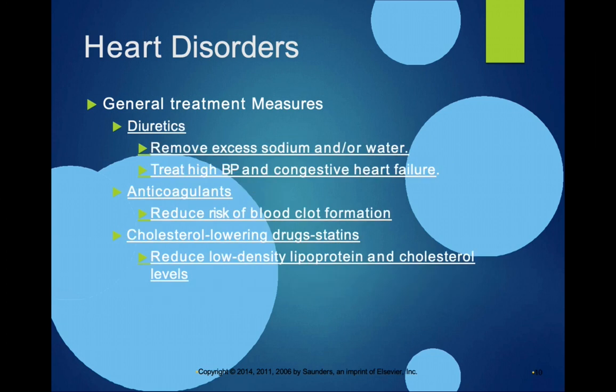What else can be used? We have diuretics, right? Think of it, alcohol is a diuretic, coffee is a diuretic. So diuretics help remove excessive sodium and water, and it's used to treat high blood pressure and CHF, congestive heart failure. One of the big diuretics out today is called Lasix.